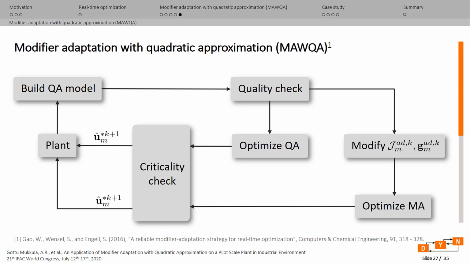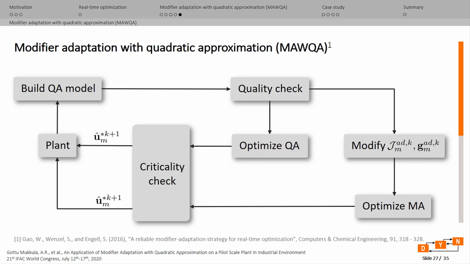If the quality of the nominal model is better than that of the fitted quadratic approximation model, the modifier adaptation problem is solved to compute the next input for the plant. Instead, if the quality of the quadratic approximation model is better than that of the nominal model, an optimization problem based on the quadratic approximation model with the trust region constraint is solved to compute the next input for the plant.